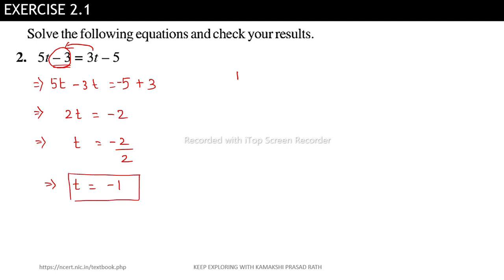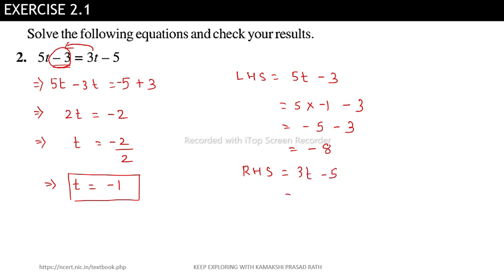Now let us verify. LHS is 5t minus 3. So let us check. t is minus 1, so 5 times minus 1 minus 3. That becomes minus 5 and minus 3 gives us minus 8. Let's check the right hand side. RHS is 3t minus 5.